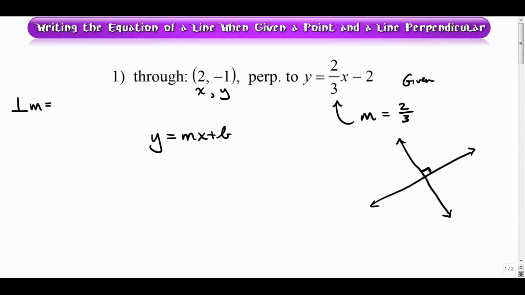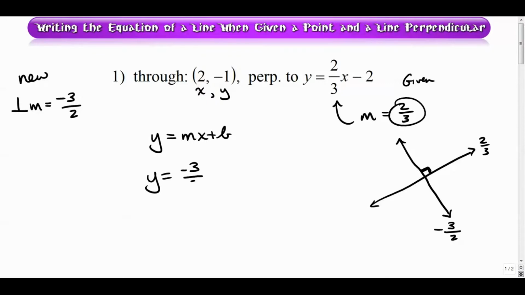The intersection between them is 90 degrees. So if this slope is 2/3, this one has to be something that creates a perfect 90-degree angle there at all four corners. And the rule is you just flip it over and change its sign. So the perpendicular slope is -3/2. If the given slope is 2/3, the new perpendicular slope is -3/2.